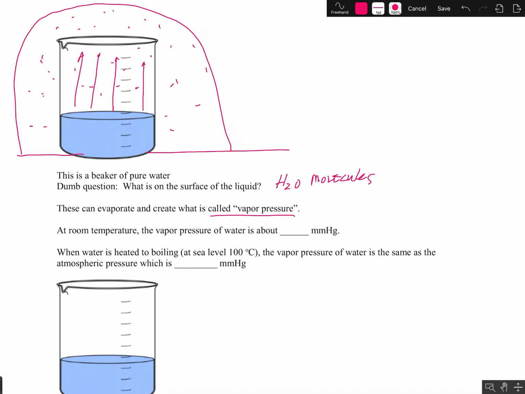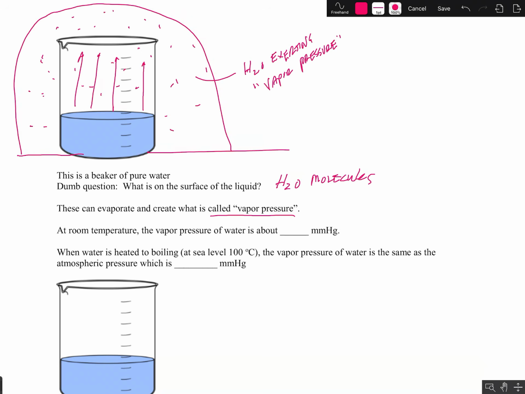Now, aren't those water molecules moving around, slamming into the walls of the container and exerting a pressure? Yeah, so I'm going to say the water inside that dome is exerting a force on the walls of that container. We call that vapor pressure.